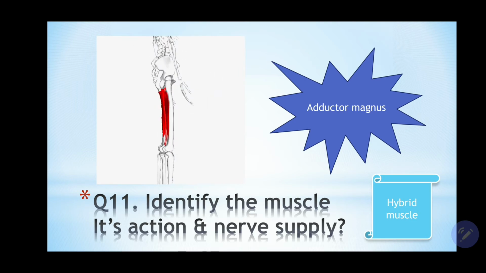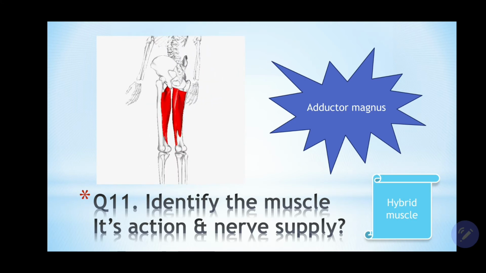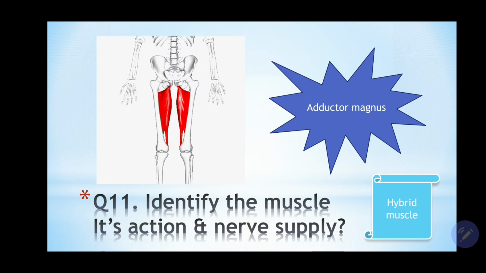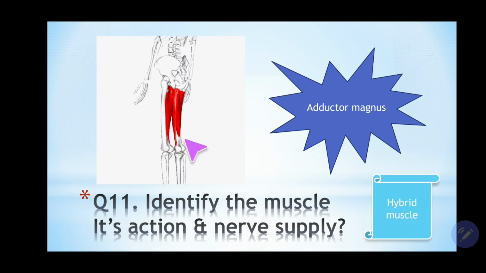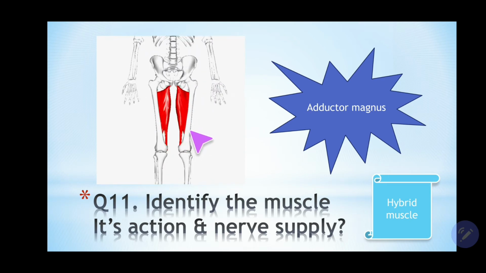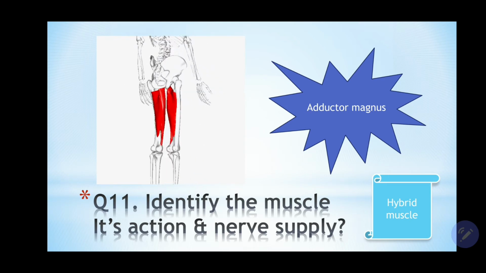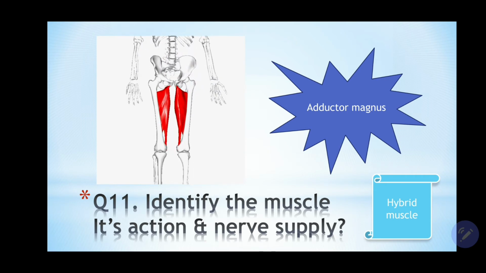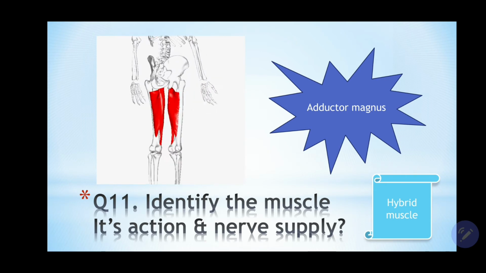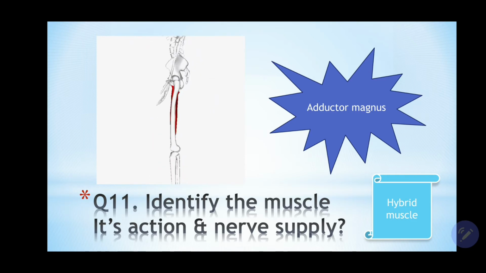So the ischial fibers or the hamstring fibers of adductor magnus insert onto the lower half of the linea aspera. So remember, the vertical fibers are the hamstring component, and the horizontal fibers which are inserted in the upper half of the linea aspera are adductor fibers.